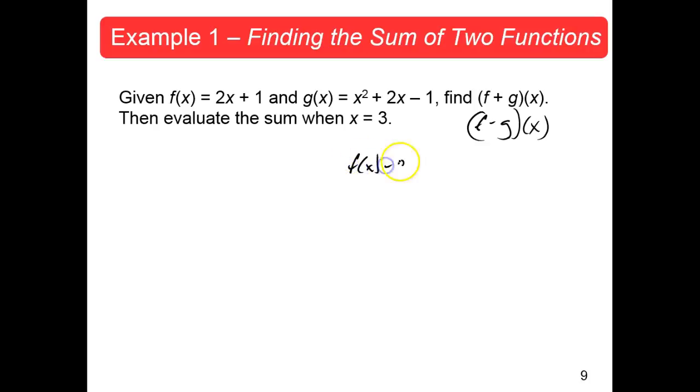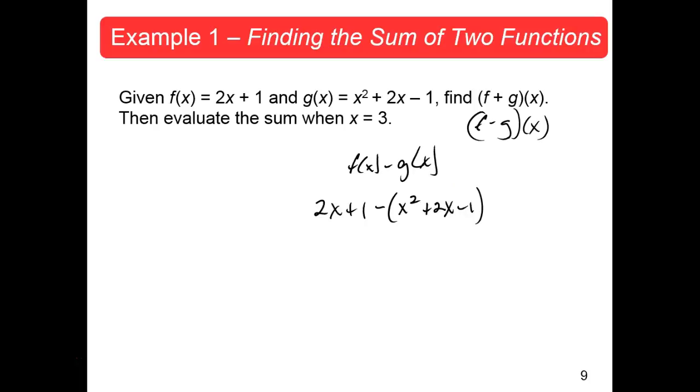F of x minus g of x, which would be 2x plus 1 minus, now in this case, since that's not a plus sign in front of it, I suggest you put those parentheses in. And what would that be? X squared plus 2x minus 1.